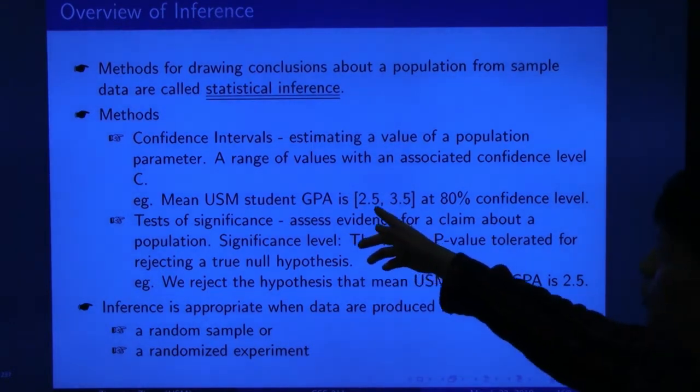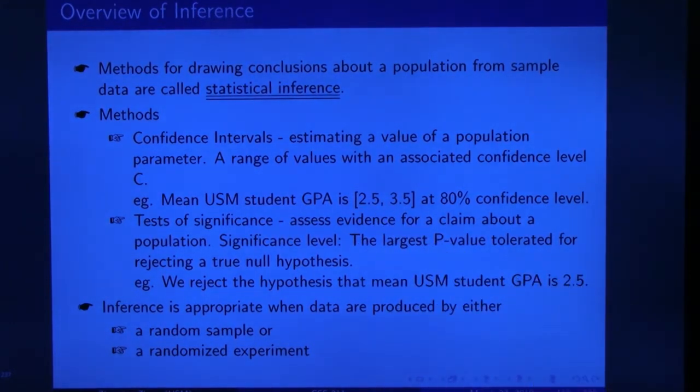The interval is from 2.5 to 3.5, and 80% here is the confidence level C. We can say we are 80% confident that the mean USM GPA is between 2.5 and 3.5. So that is the first method to infer the population parameter.